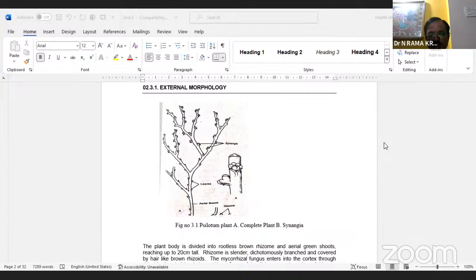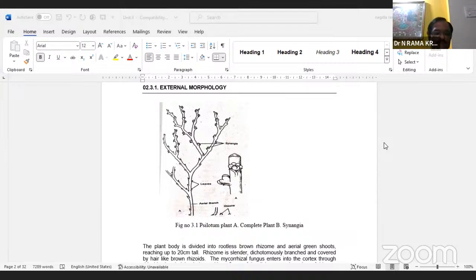Such a siphonostele is called a solenostele. In some members of Filicophyta, the siphonostele is perforated by leaf gaps. Such a siphonostele is called a dictyostele.